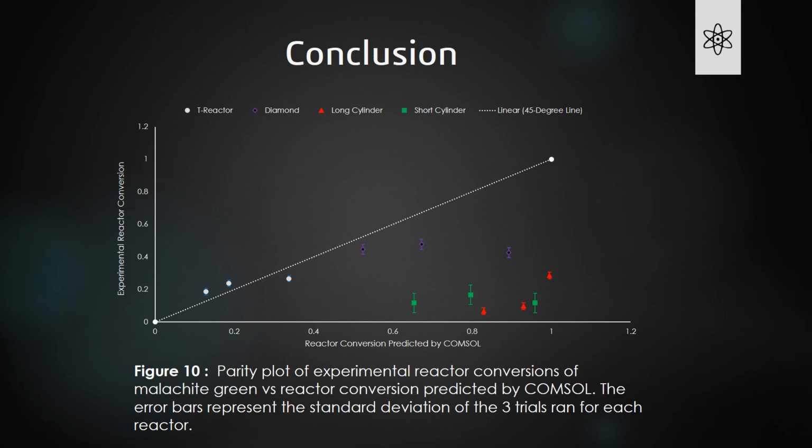The diamond reactor was the second most comparable, but it was still below the diagonal line, meaning COMSOL overpredicted the theoretical conversion. The long cylinder and short cylinder reactors were extremely below the diagonal line, which means COMSOL extremely overpredicted the theoretical conversion. This could be due to the complex helix shape of the reactor, which made it difficult for COMSOL to accurately calculate the values.